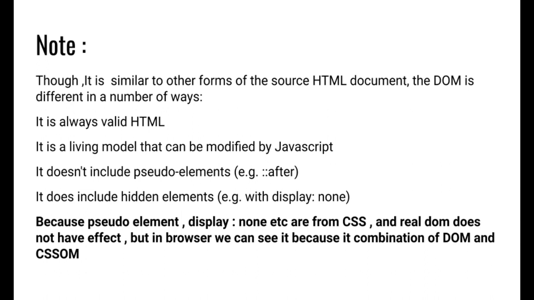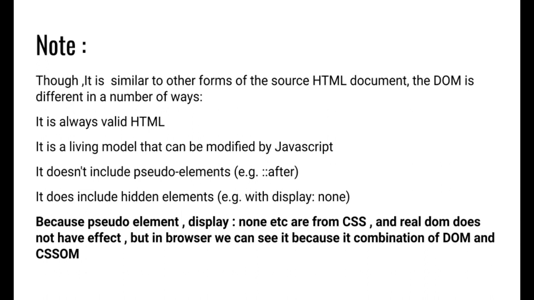It is always valid HTML. It is a living model that can be modified by JavaScript. It doesn't include pseudo elements or hidden elements, because pseudo elements and hidden elements like display none come from CSS, and the real DOM is not affected by them. But in the browser we can see them because it is a combination of DOM and CSSOM.